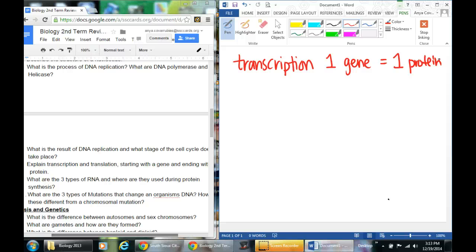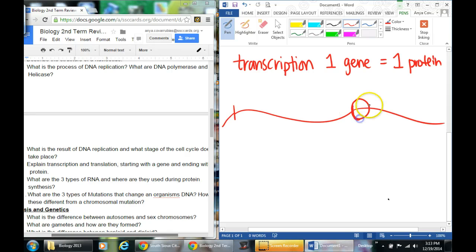Okay, so transcription. We have one gene of DNA, okay, from beginning to end. We're going to have markers on those genes. Transcription factors are what they're called. So we have RNA polymerase, we have the Tata box, and we have a whole bunch of different proteins that all assemble at that promoter region there.